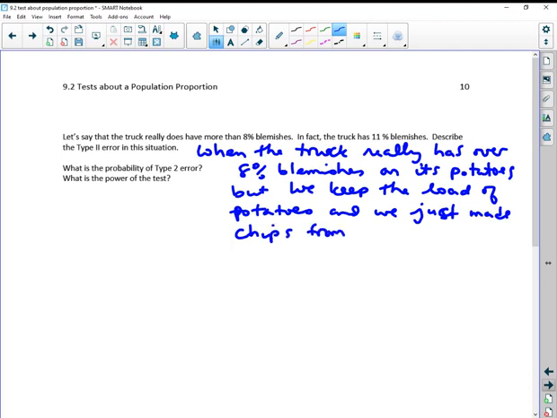That's going to be a worse situation from the standpoint of the manufacturer, because then they just made a product out of bad potatoes that potentially could make their customers upset. But what's the probability of this happening?